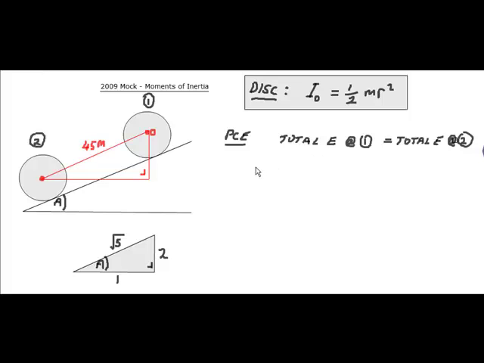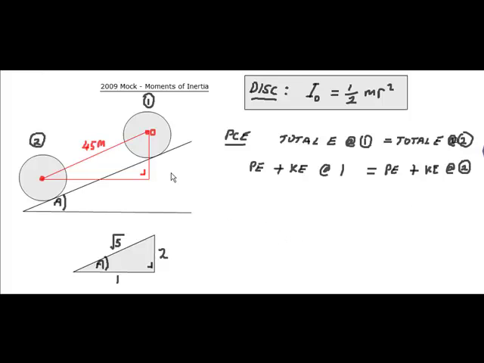That means that the potential energy plus kinetic energy at position 1 equals the potential energy plus kinetic energy at position 2. And now we just use our formulas.